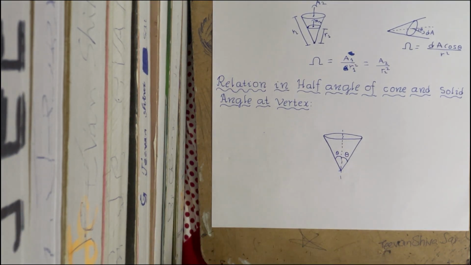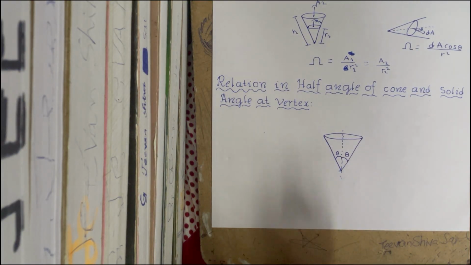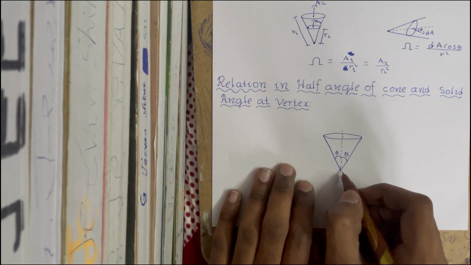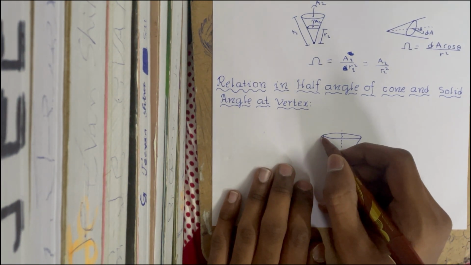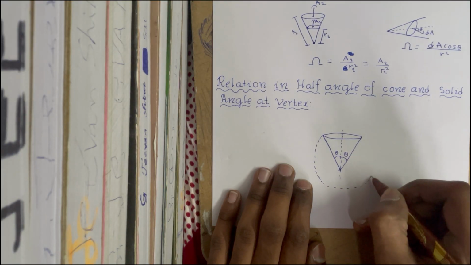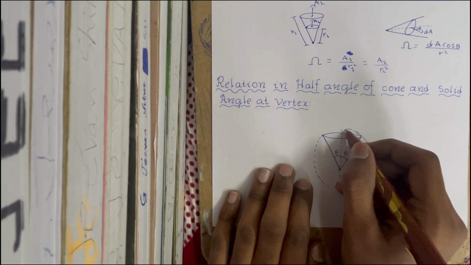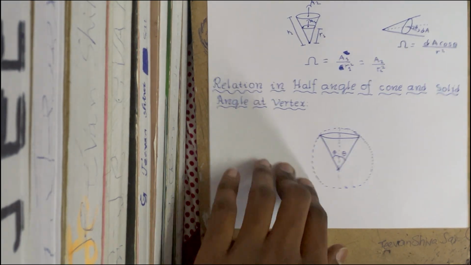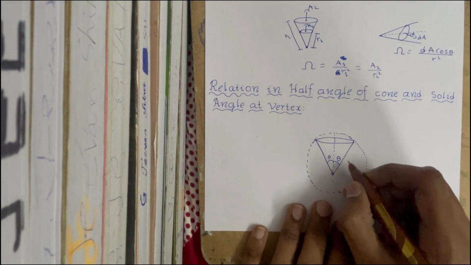To solve this, we are assuming the cone is enclosed in a sphere of radius r, with this as the center point. The sphere isn't perfect, and the center point doesn't look like the center point.